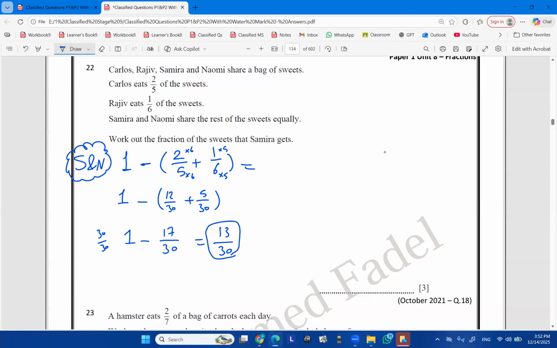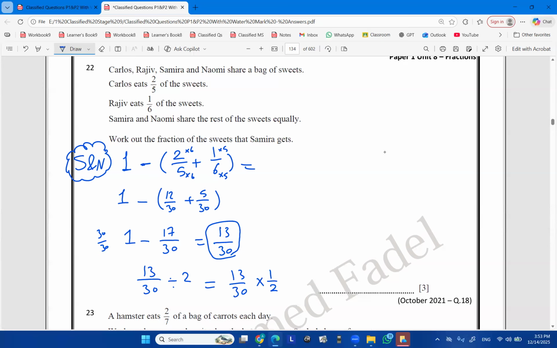Is this the answer? No. This is for Samira and Naomi together. That's what they have left for them after what Carlos and Rajiv ate. But Samira had how much? I need to divide this by 2. So it is 13 over 30, you divide it by 2, which means 13 over 30 multiplied by half.